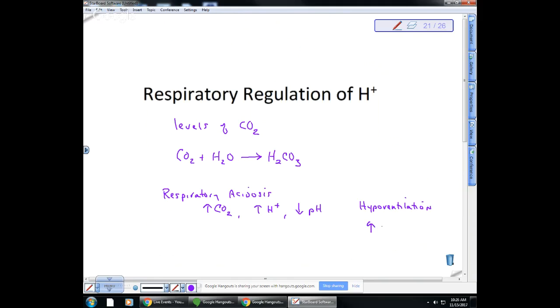So we're going to want to increase breathing rate and breathing depth. This is a short-term, fast nervous system mechanism for regulating the pH of the blood.